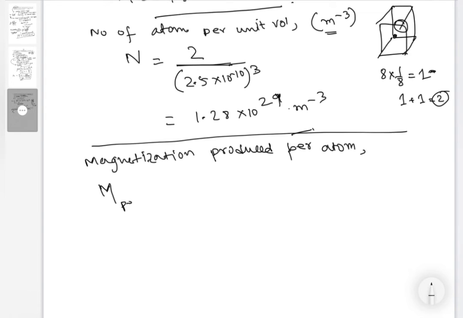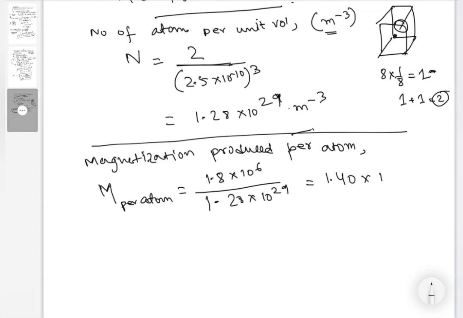So M per atom is total magnetization, that is given in the problem, 10 to the power 6, divided by the number of atoms, 1.28 into 10 to the power 29. So ultimately it will give rise to 1.40 into 10 to the power minus 23 ampere per meter square. So now we have got the answer for the magnetization per atom.